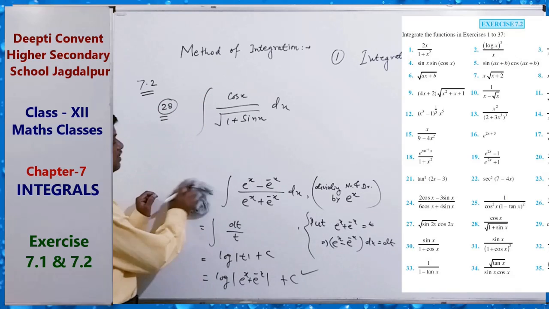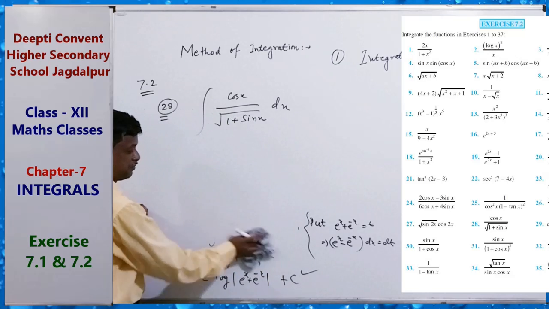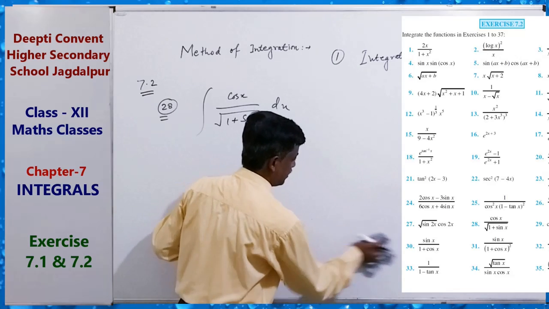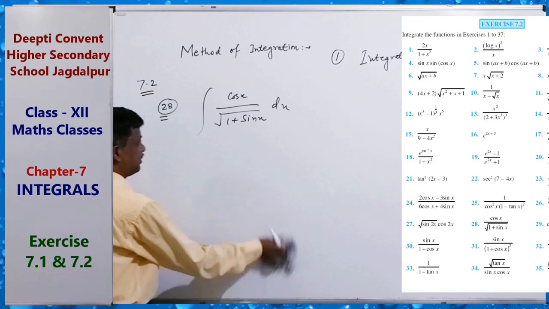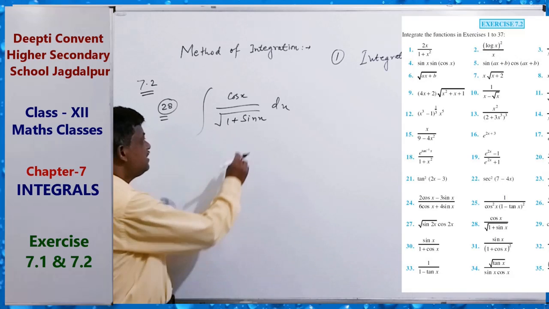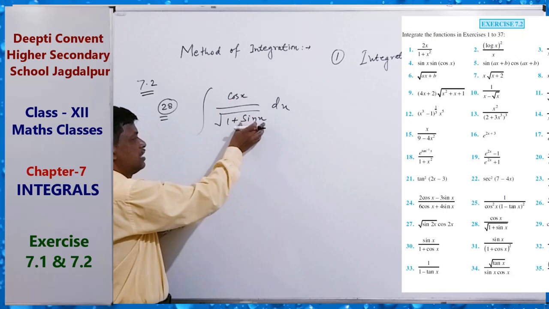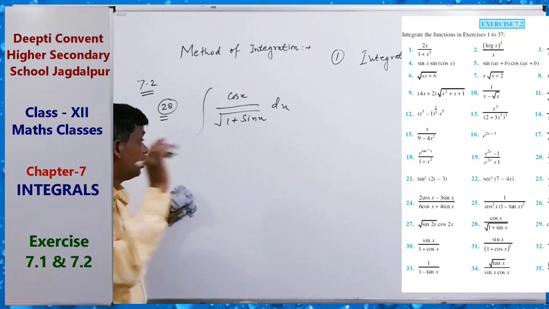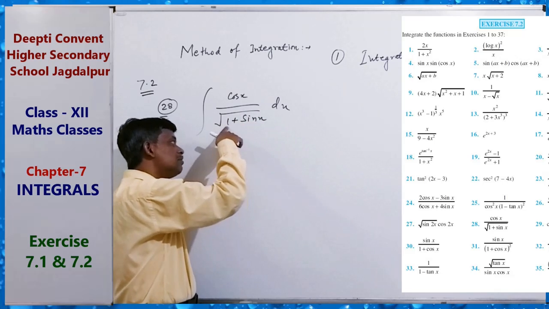How can we find the integration of this? We see that the differentiation of sin x is cos x. So sin x can be put as t, but we have to put 1 plus sin x, because the derivative of 1 is 0.